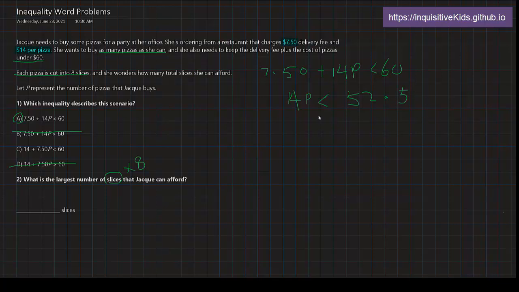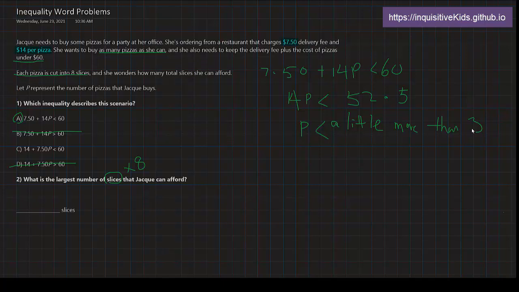Then we divide by 14 on both sides, and it'll be a little more than 3. So P is less than a little more than 3.